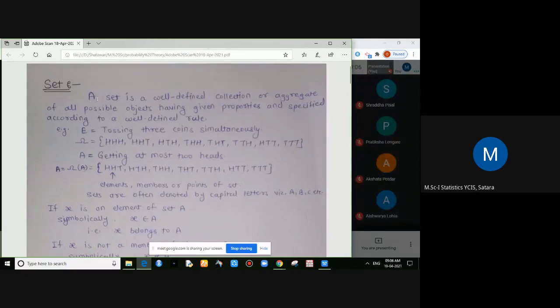Actually, set is a well-defined collection or aggregate of all possible objects having given properties and specified according to a well-defined rule.